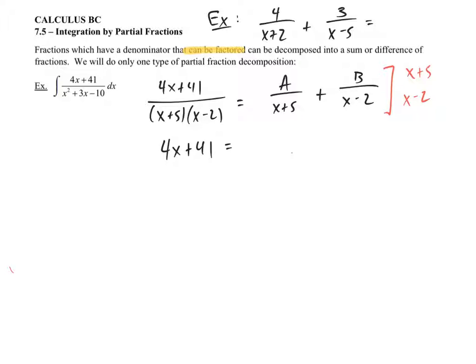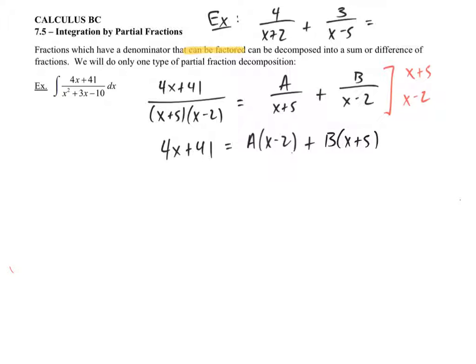That is equal to, when I multiply this fraction by x plus 5 and x minus 2, x plus 5 drops off, leaving A times x minus 2, plus, when I multiply this fraction by x plus 5 and x minus 2, the x minus 2 drops off, leaving B times x plus 5.